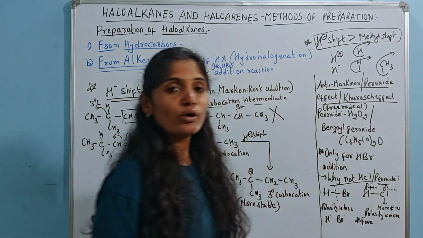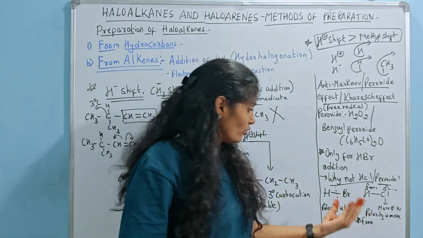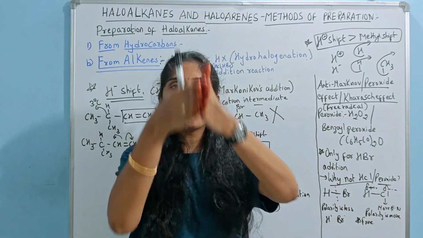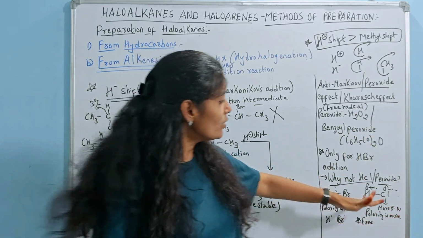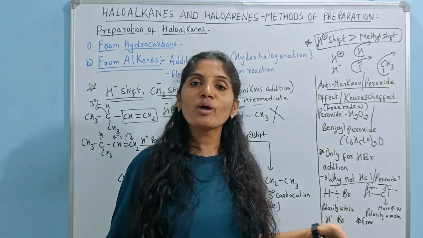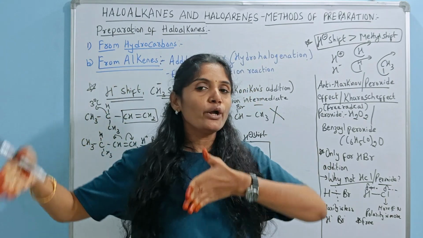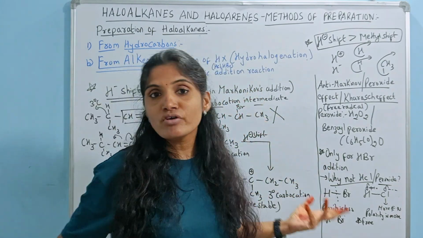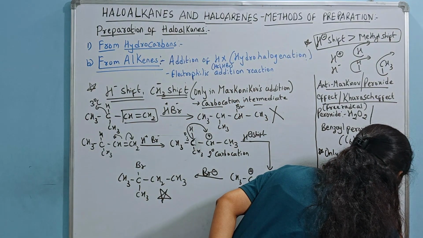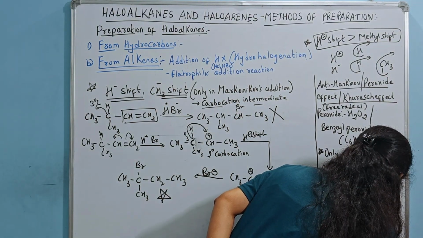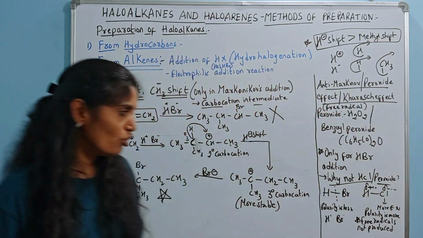In HBr it is less polar, so I can break the bond homolytically, which will lead to free radicals. But when the polarity is so much, I can't talk about homolytic fission because electrons are pulled more towards chlorine. I can only talk about heterolytic fission, which will give me charged entities, electrophile and nucleophile. So free radicals are not produced.